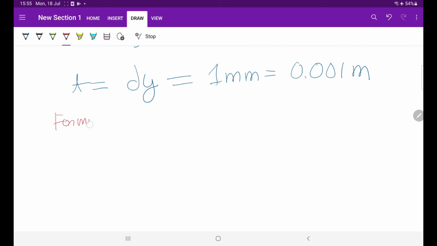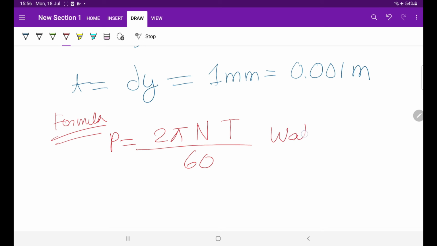Formulas, let's just revise for the power lost. So P, the power lost, is equal to 2 pi n T by 60 watt, where n is the rotation speed and T is the torque.